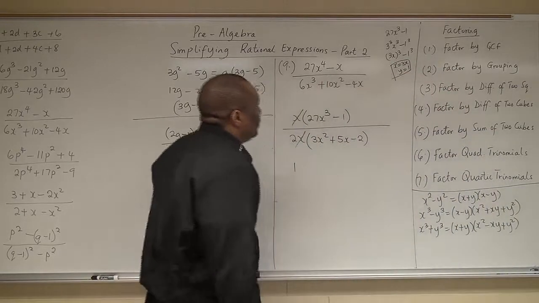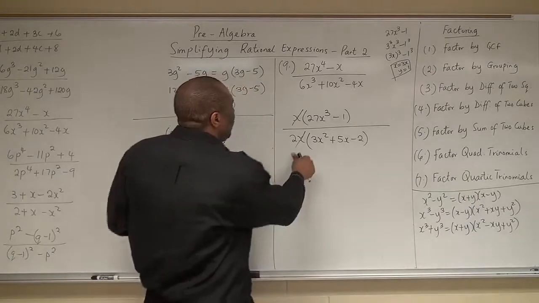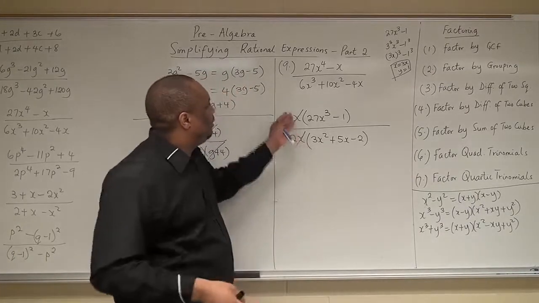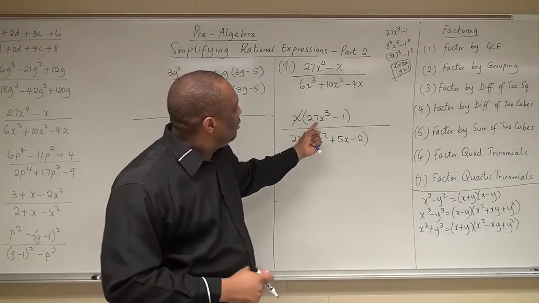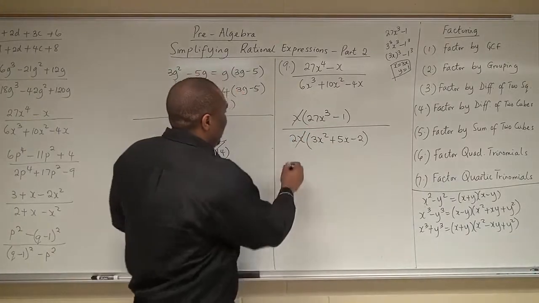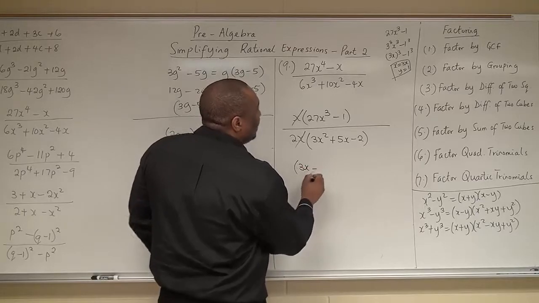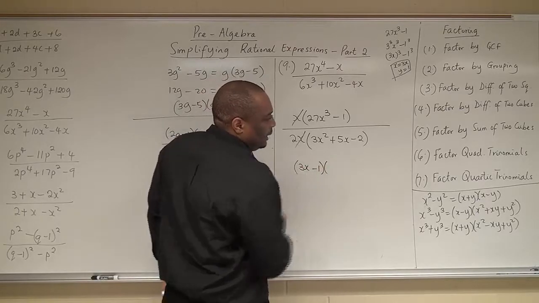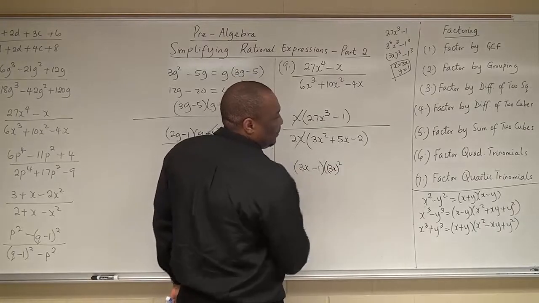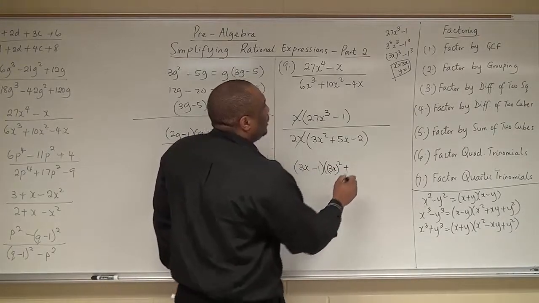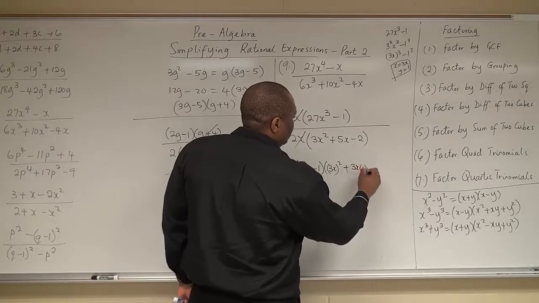Alright. So what we got here, 1 times anything will give us that thing. Okay, so let's leave out 1. So this will be x is 3x minus 1. Then x squared will be 3x all squared plus 3x times 1.